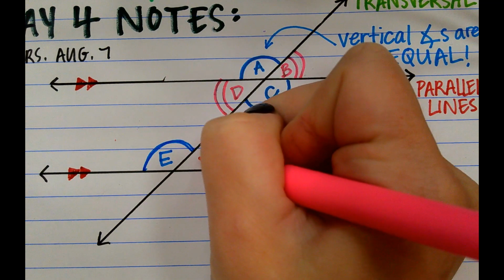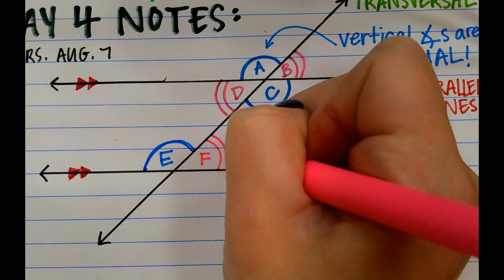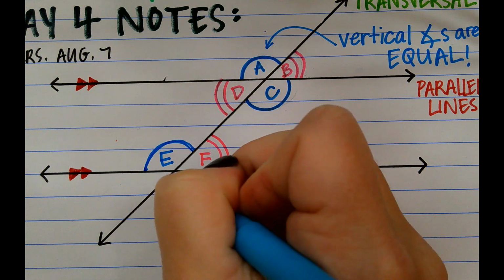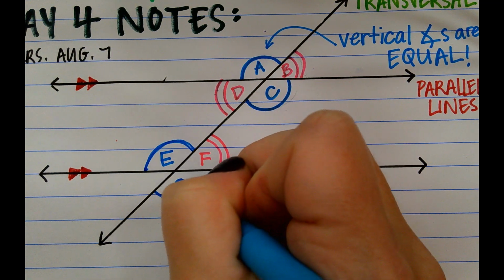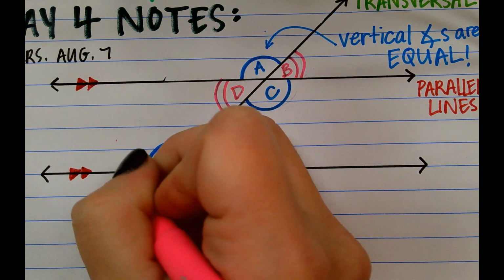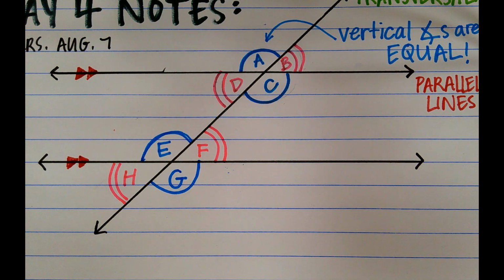The next one will be F. And I think you're going to start to follow along. This is 2 arcs as well. Then G, 1 arc. And then H, 2 arcs. Okay.